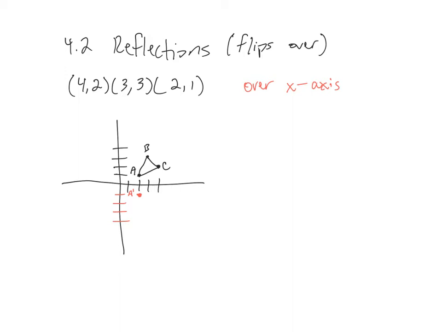And B is up 3, so in the same, still over 3, but it goes up 3, so I'm going to go down 3. 1, 2, 3. And then that'll be B prime. And C is up 2, so I go down to C prime.